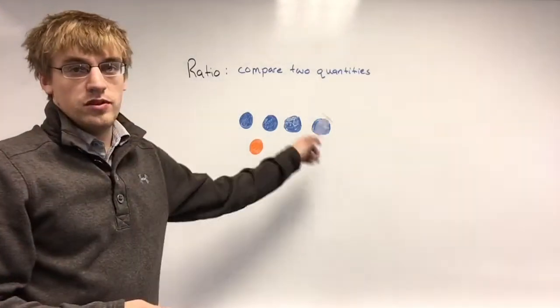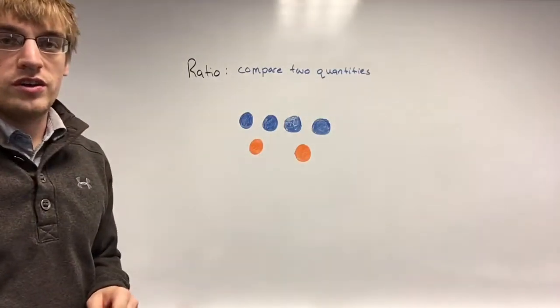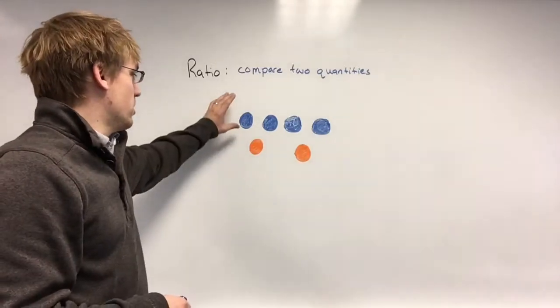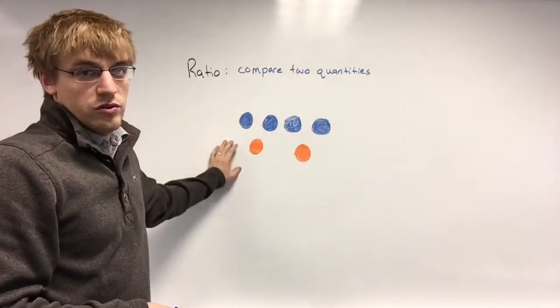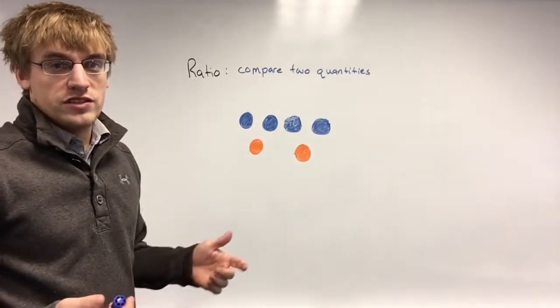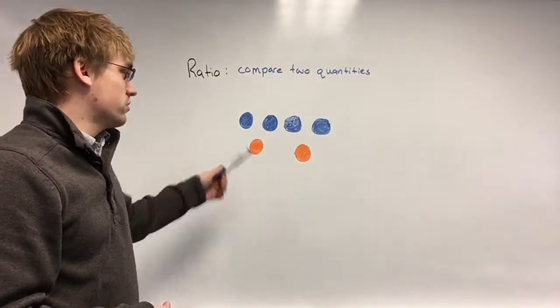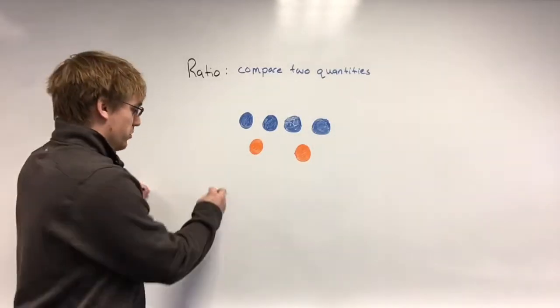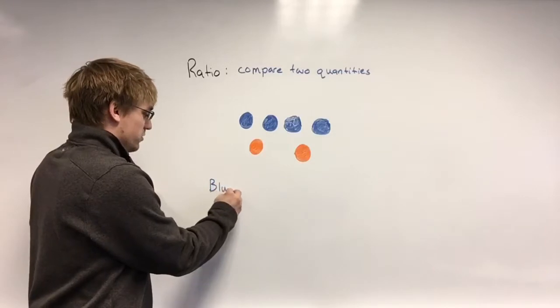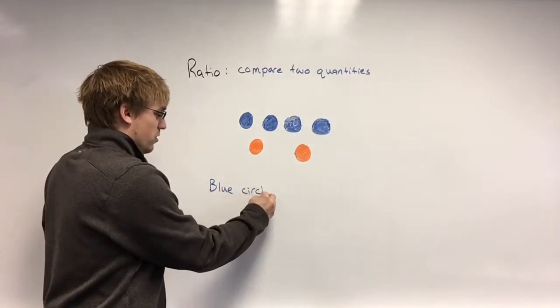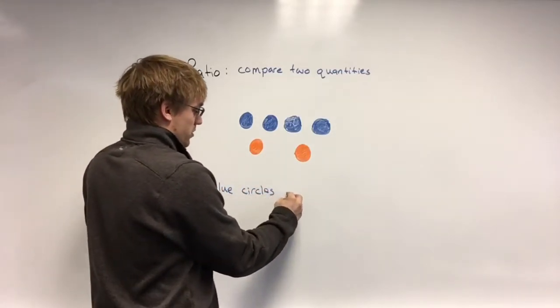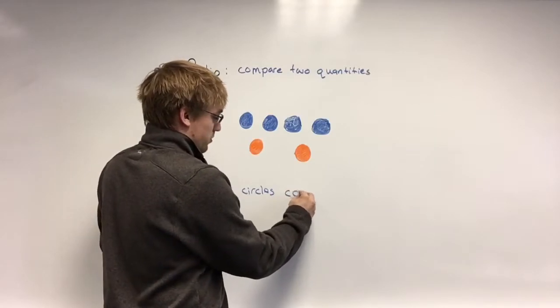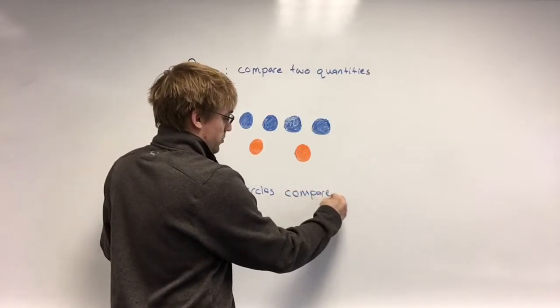This would be an example of two quantities that we could compare. For example, there are blue circles and orange circles. So what you ask yourself is how many blue circles, okay? A question could be how many blue circles are there compared to orange circles?